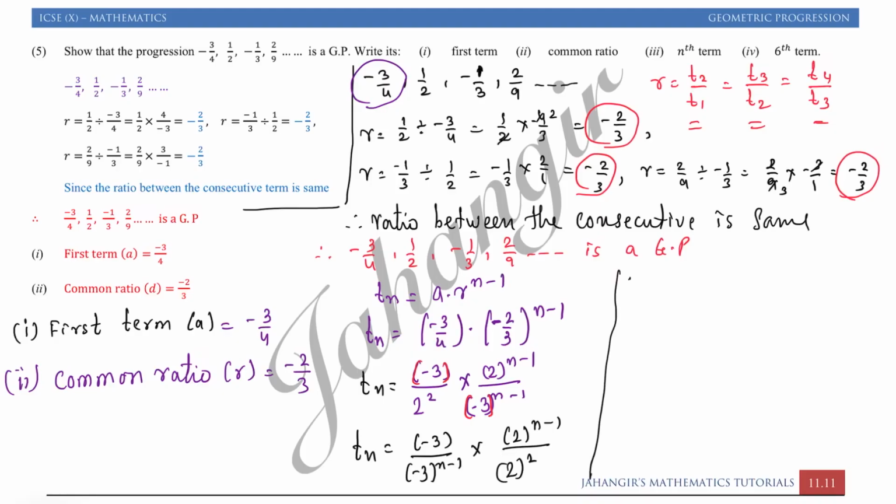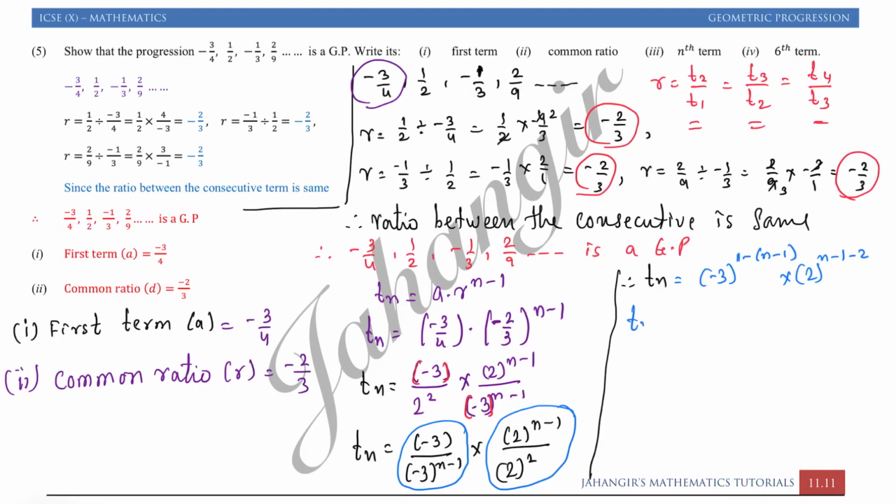So Tn can be written as combining this part and then combining this part: minus 3 raised to 1 minus (n minus 1), into 2 raised to n minus 1 minus 2.